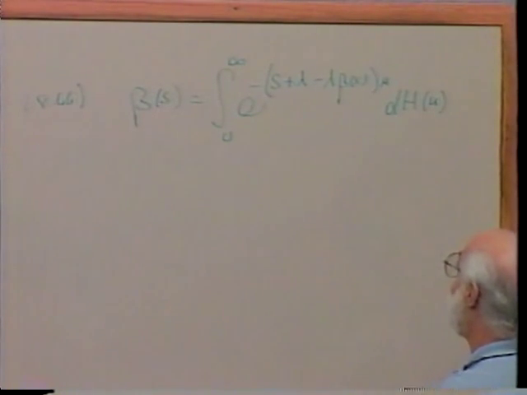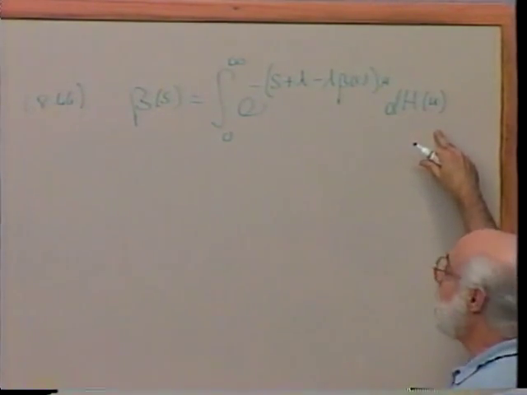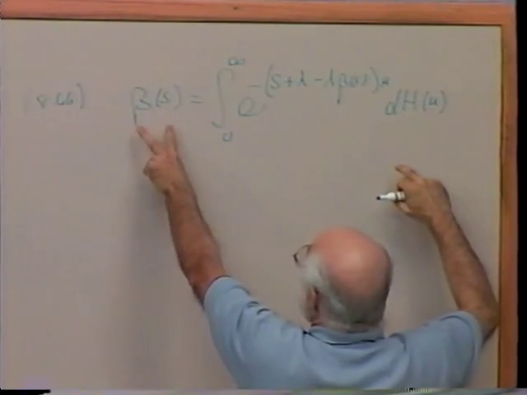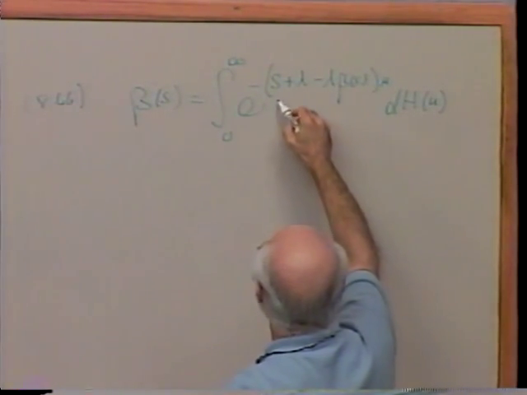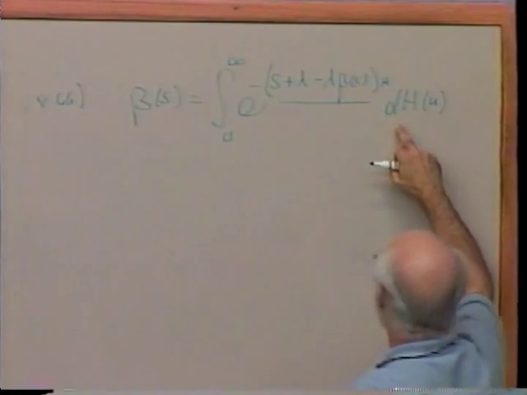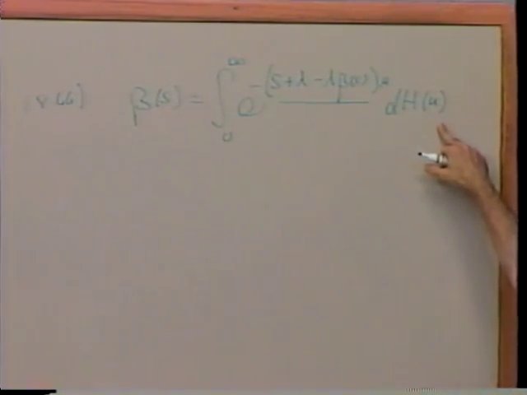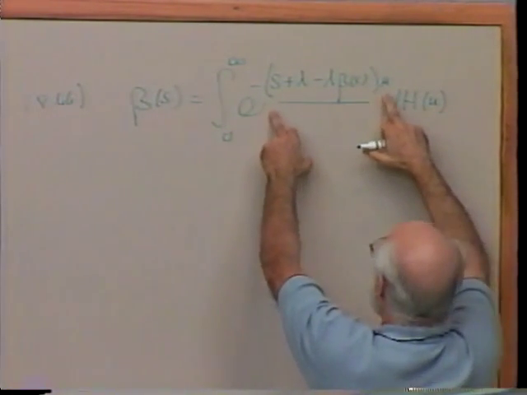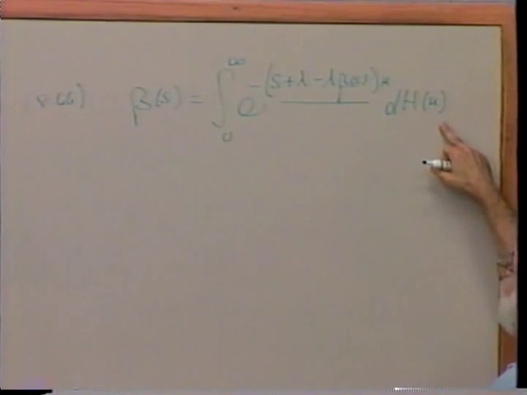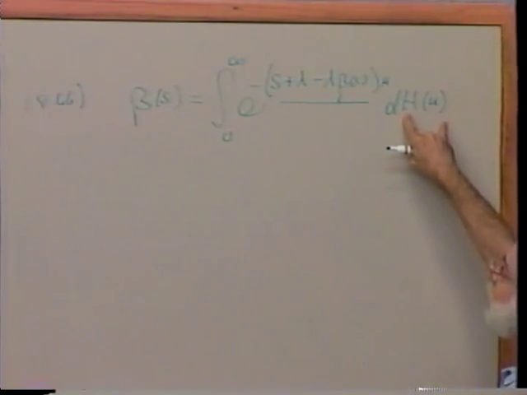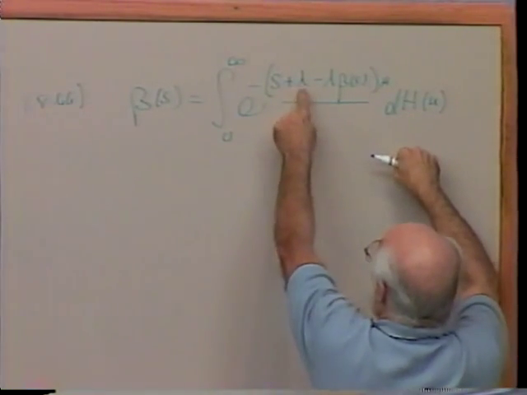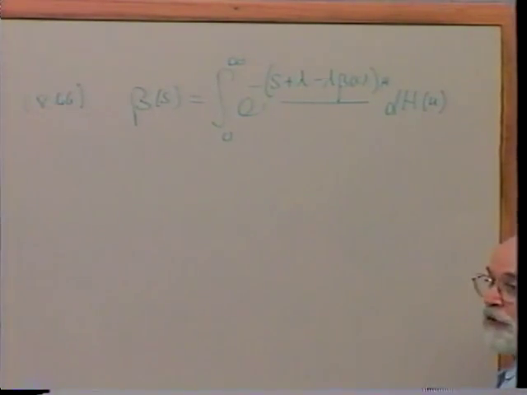And now you look at this and say, well, what do I have here? I have that this thing is the integral of e to the minus something u, dH of u. So that is the Laplace-Stieltjes transform of H evaluated at s plus lambda minus lambda beta of s.